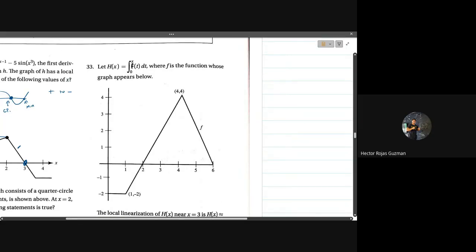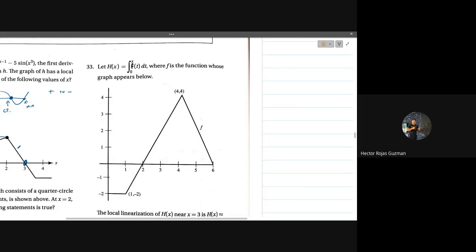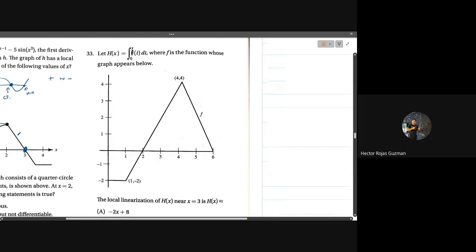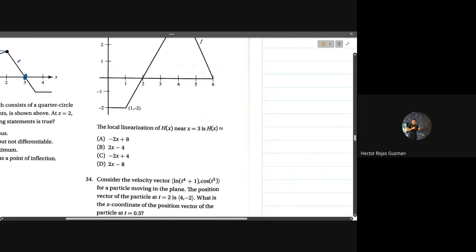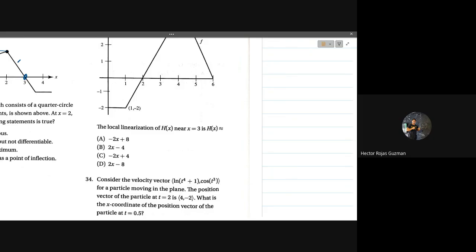33 had a little typo, and I don't know if I told you guys, but it's supposed to be the integral of f of t. Okay. And here we're given the graph of f. The local linearization of h of x near x equals 3 is something.